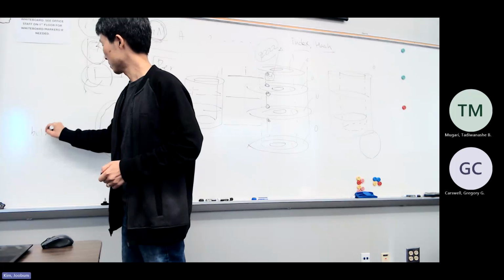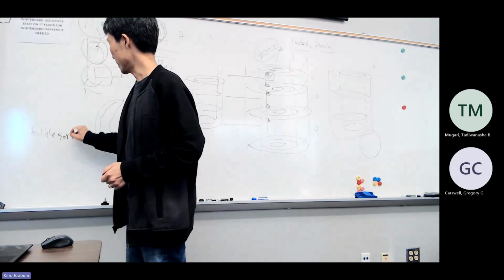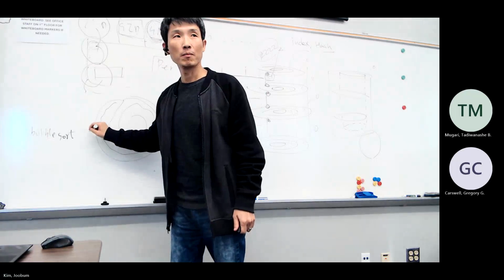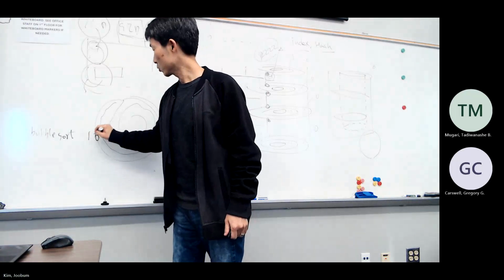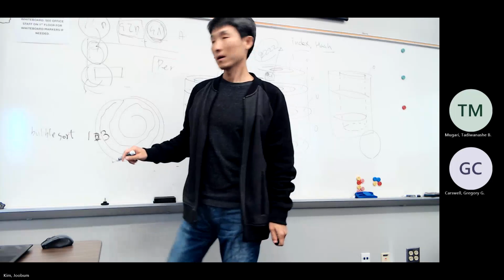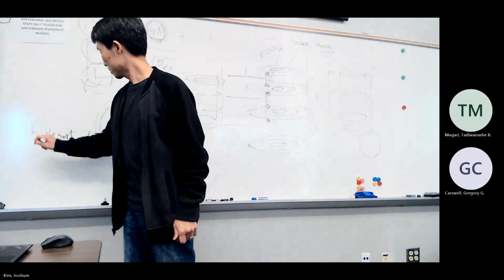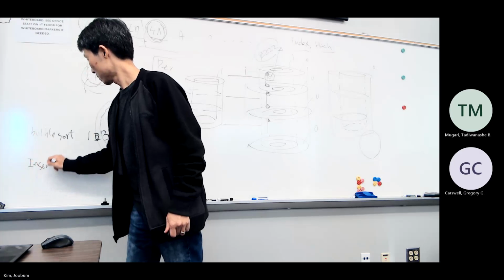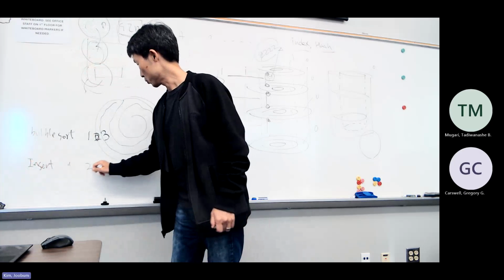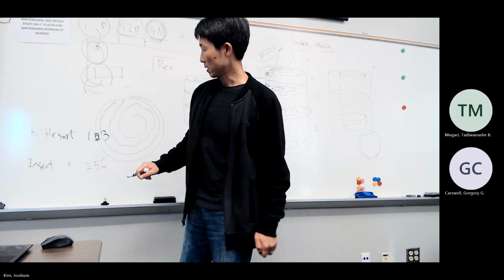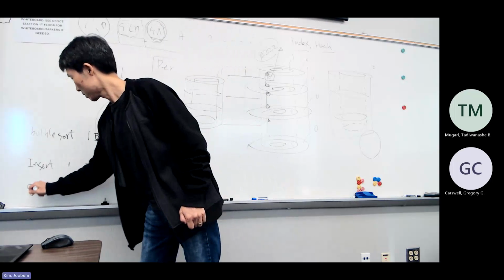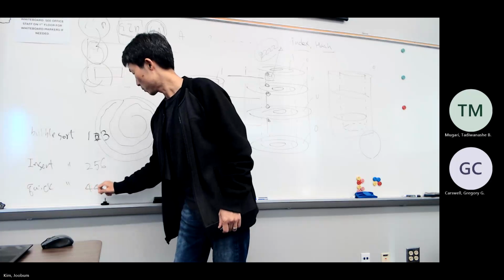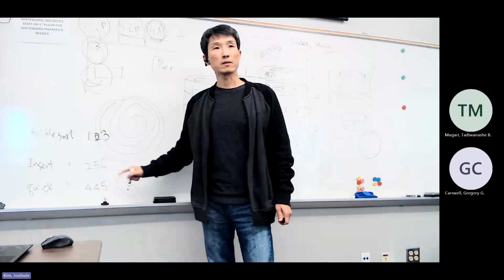Bubble sort, like an item. And then what? Page number. Maybe page number 123. And maybe insertion sort, maybe 256. And quick sort, maybe 445. Looks like this, right?